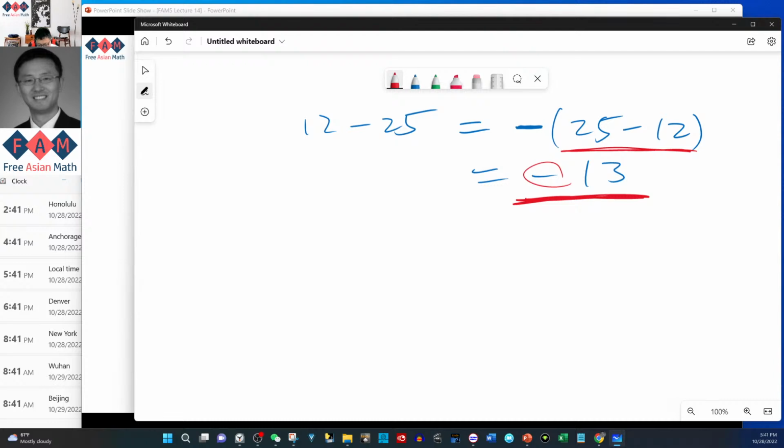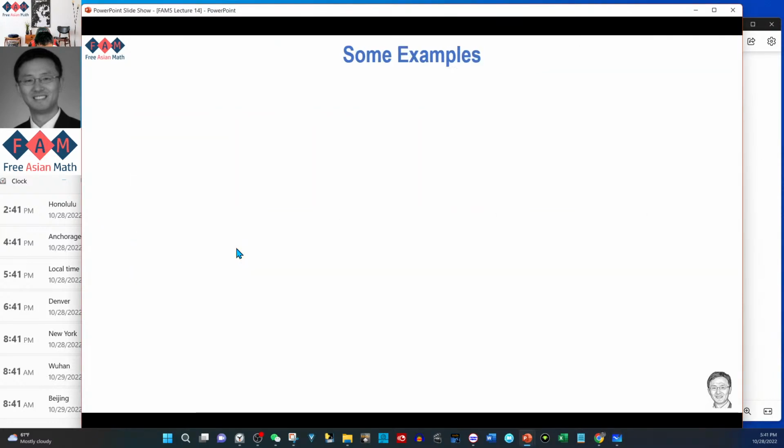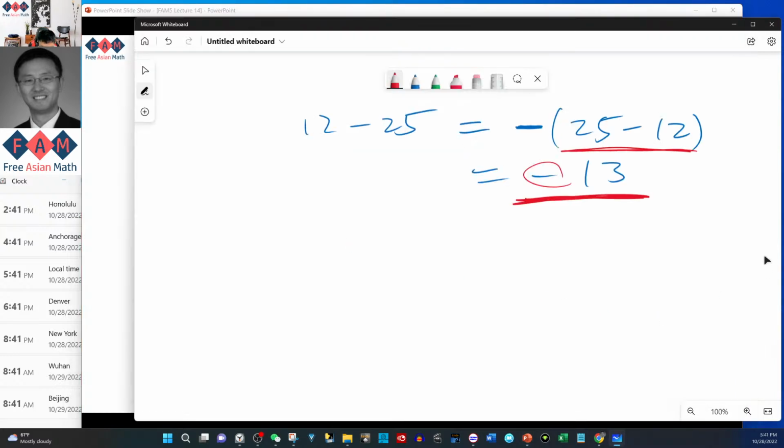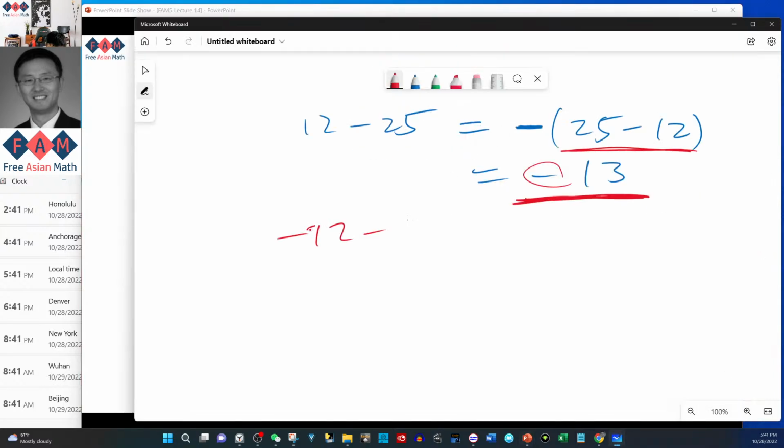So now, next, what is negative 23 minus 45? Well, according to our theorem, this is nothing but, sorry, negative 23 minus 45. This is nothing but addition, right?